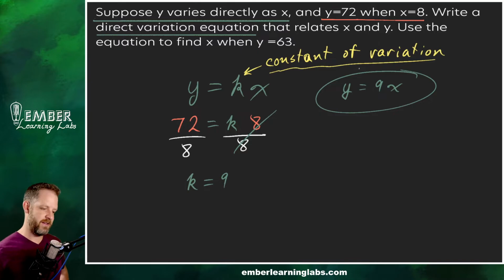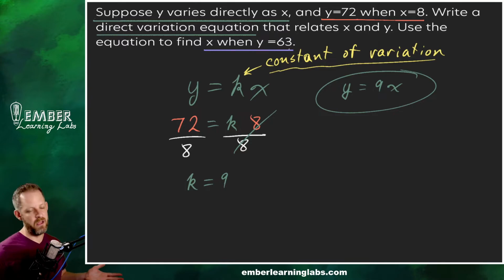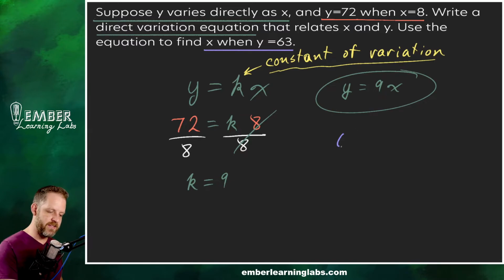That's the first bit. The second bit is we need to find x when y equals 63. You might have already guessed how to do that bit. That's going to be no big deal because all we've got to do is plug in a 63 for the y, and then we're going to solve for x.